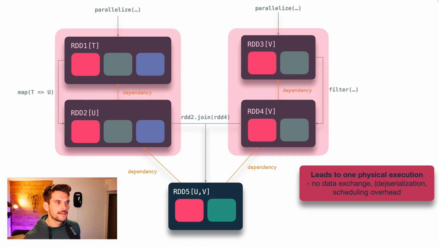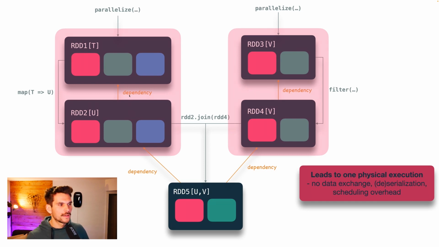And there could be any transformation, as I explained before. This could be a group by as well, but still we would end up with a narrow dependency. So whenever we have a narrow dependency, we already know that there is no need for a data shuffle. So we don't need to move data from various partitions into one.